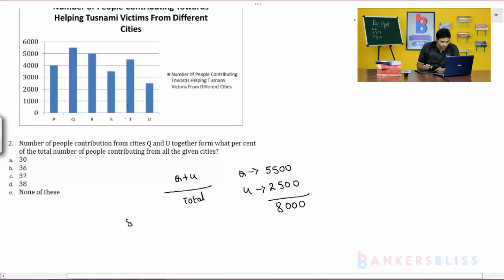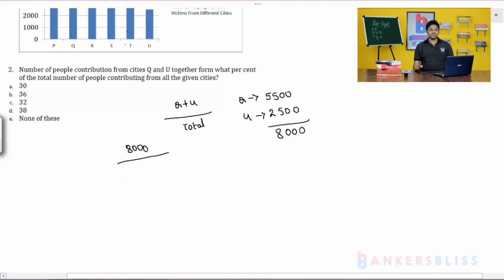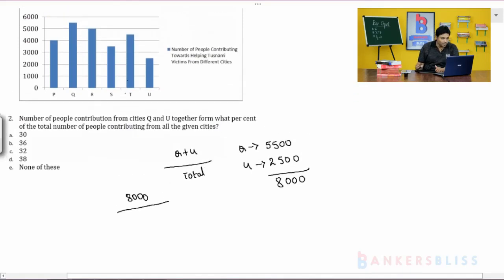So 8000 divided by the total. How much are you going to get? Again, total means P plus Q plus R plus S plus T plus U. So P is 4000, you take directly.